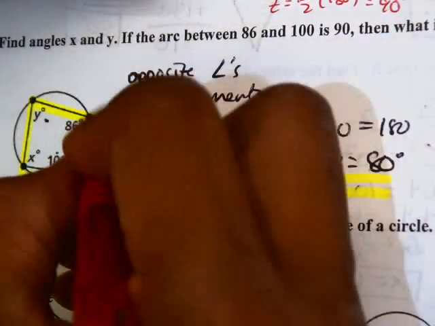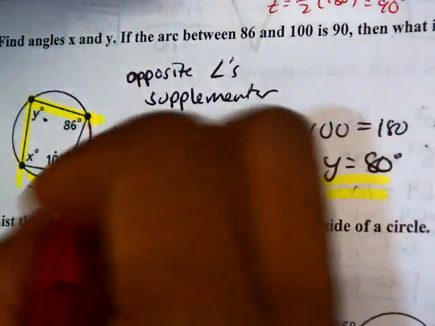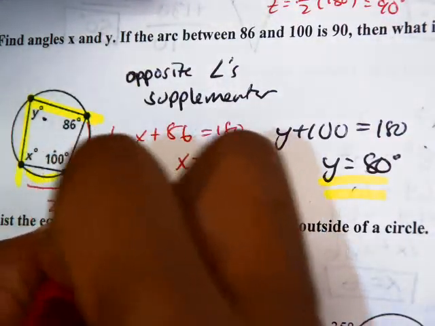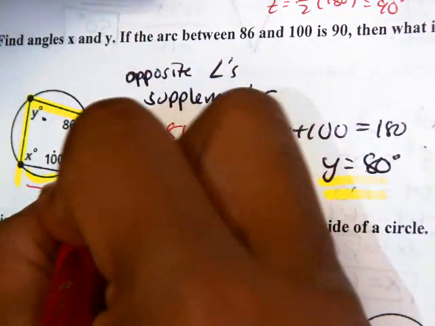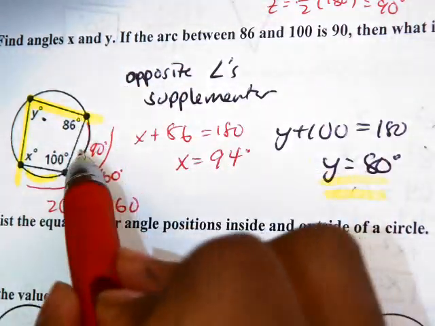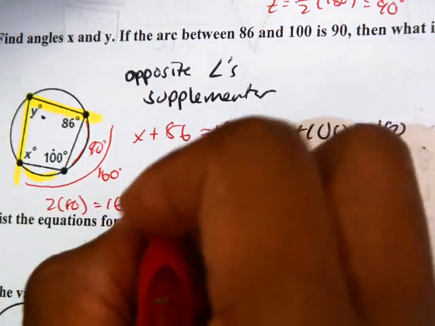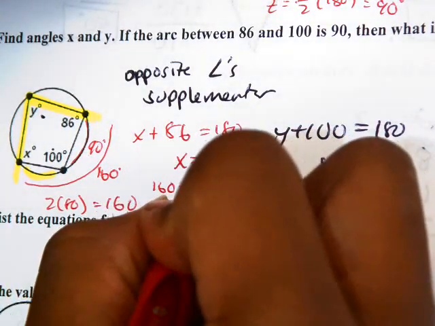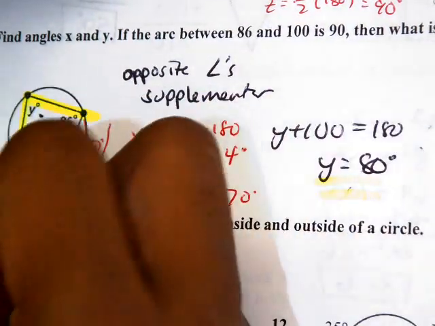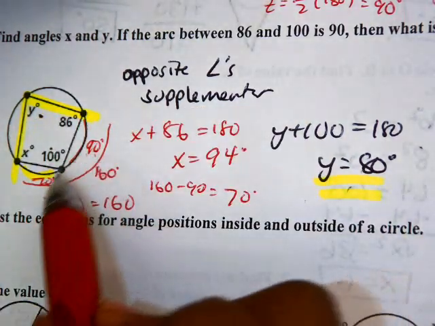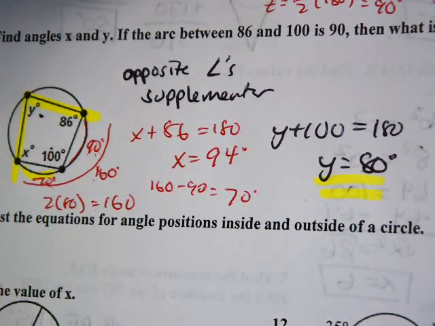That means this arc total should be twice 80, which is 160. And since this already used up 90 of the 160, that would leave this bottom arc to be 70. 70 and 90 will make 160.